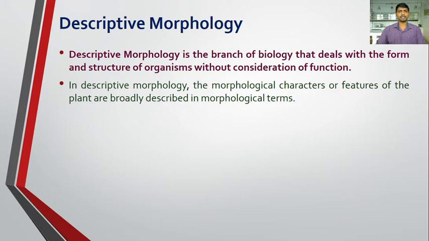In descriptive morphology, the morphological characters or features of the plant are broadly described in morphological terms. So characters right from root, stem, leaf to the seed are described in great detail, without consideration of function.